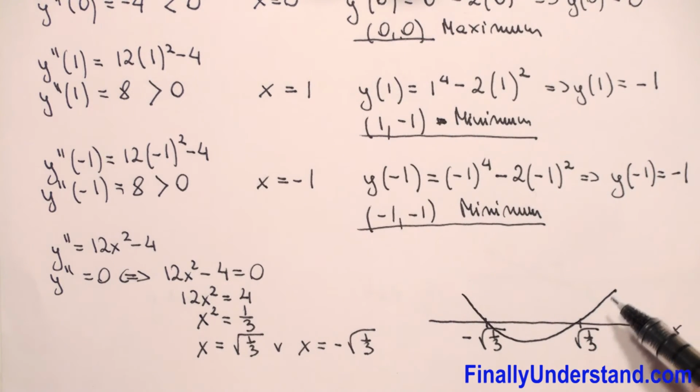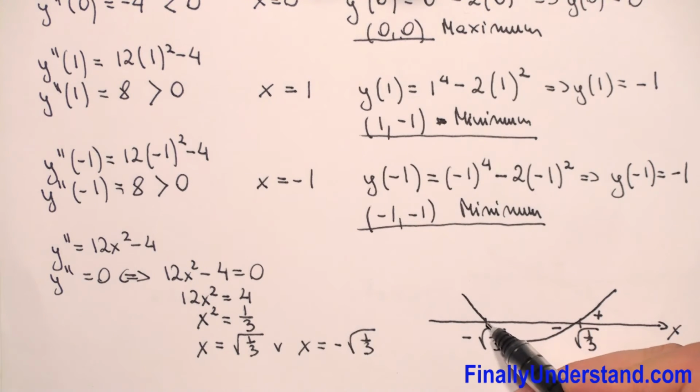And we see that for x equals square root of 1/3, we change sign from positive value to negative, because this part of our graph is above the x-axis, so has positive values, and this part is under, so has negative values.